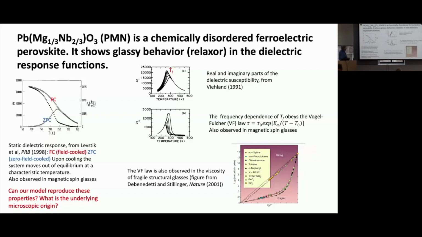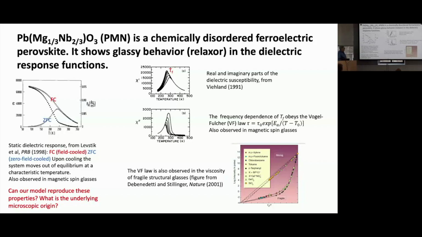Again, the fact that the zero field cooling and this other way of cooling give a different result is an indication that the system is out of equilibrium. And we can also see that in the real and imaginary part of the dielectric susceptibility.